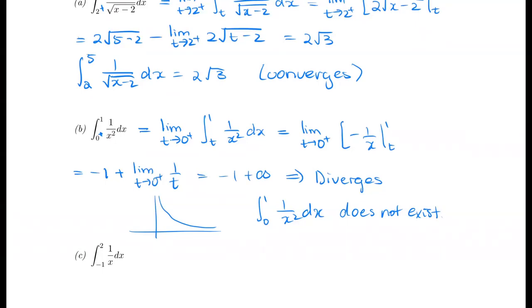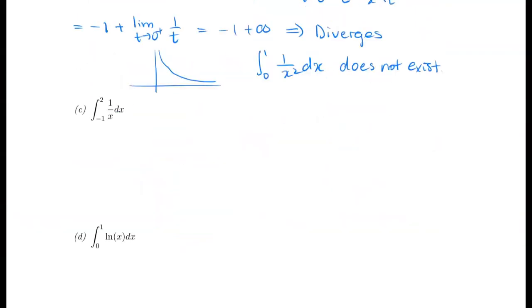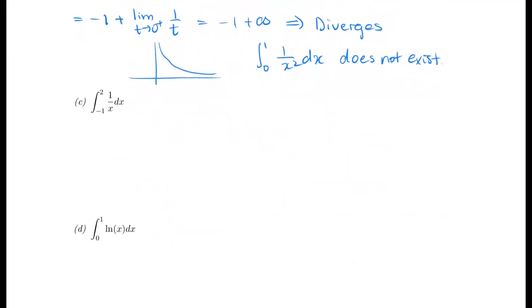Now let's have a look at the third example where we're dealing with 1 over x dx. So for this integral, we're actually going to break it up into two different integrals. From -1 to 2, we want to make sure that we're considering the vertical asymptote of 1 over x, which is at 0.